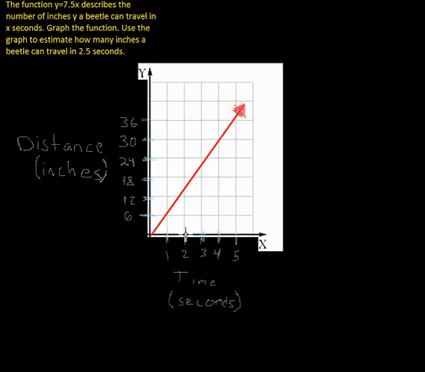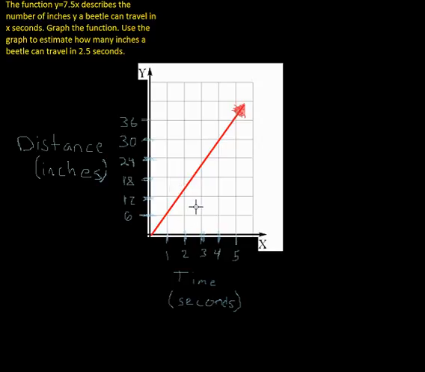Moving to 2 seconds and scrolling up, I finally hit the line, and I see that this line is somewhere between 12 and 18 inches, pretty much right in between. So the beetle will travel 15 inches in 2 seconds. Also, if I took 7.5 and multiplied it by 2 for x, I would end up with y equals 15, which makes sense. So this holds true so far.